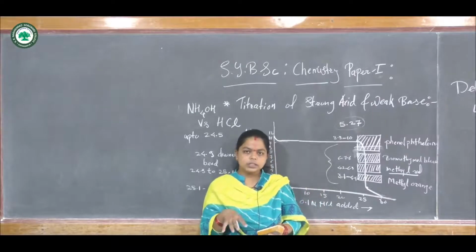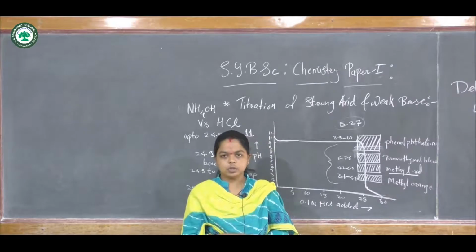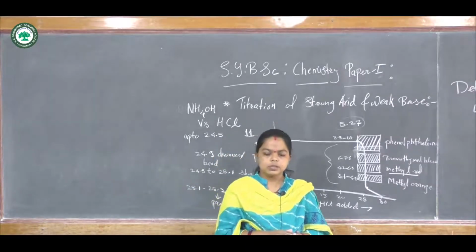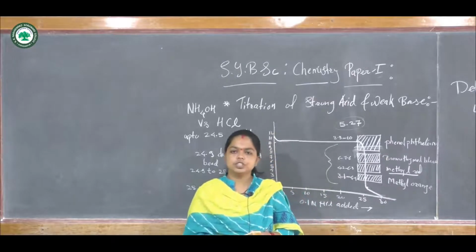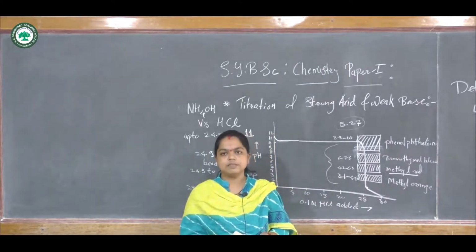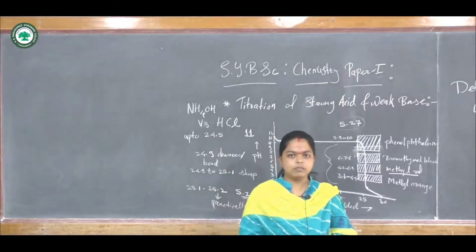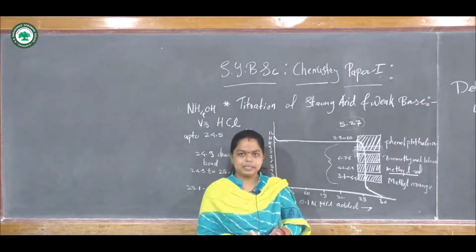So in order to determine this, we know that sodium carbonate is the weak electrolyte, it is the weak base. So we can first prepare the sample of the washing soda, and we will take it as the weak electrolyte in the conical flask. As it is the base, we can titrate with a strong acid like HCl.